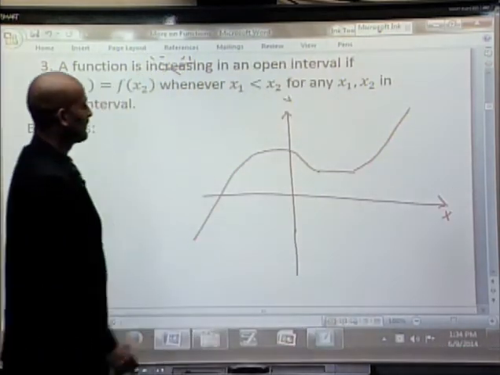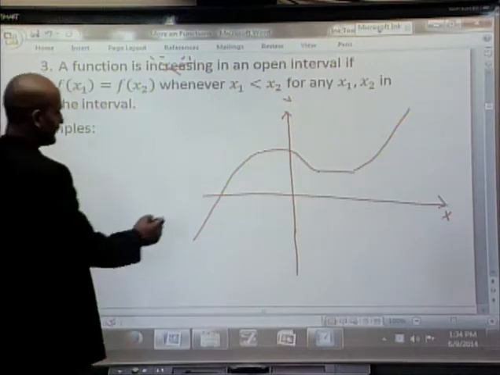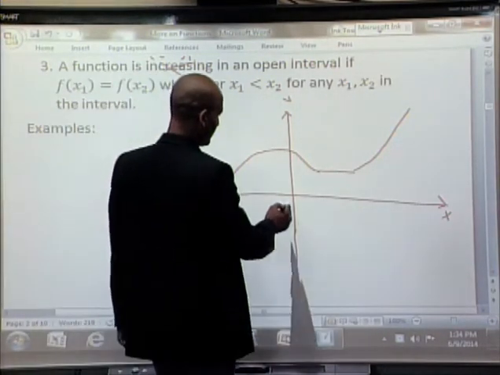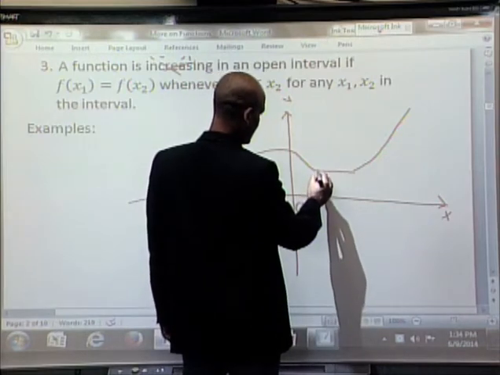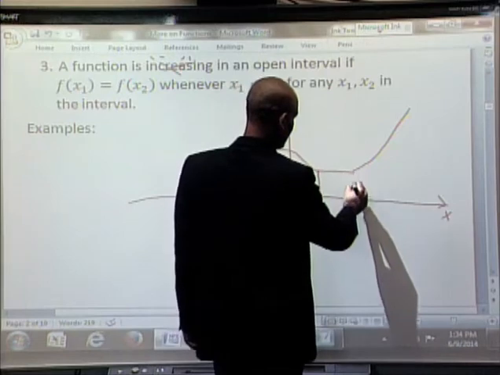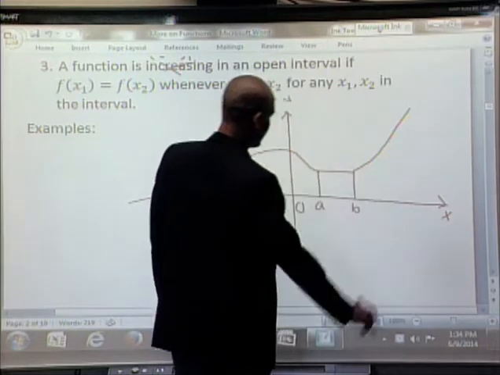Let us say this is 0, this is x equal to a, some number, and this is x equal to b, another number.